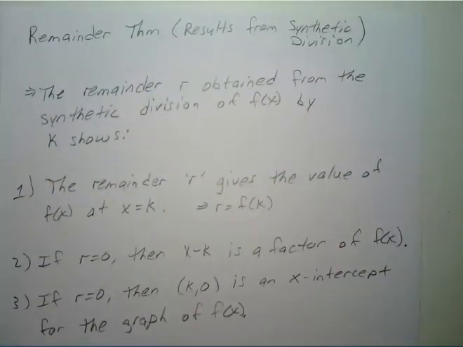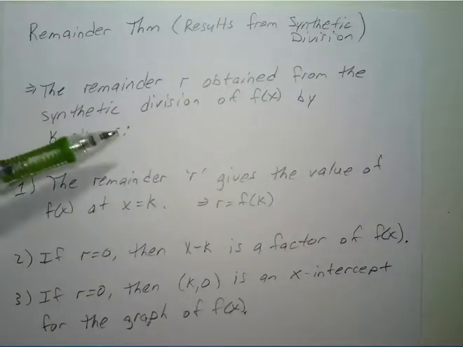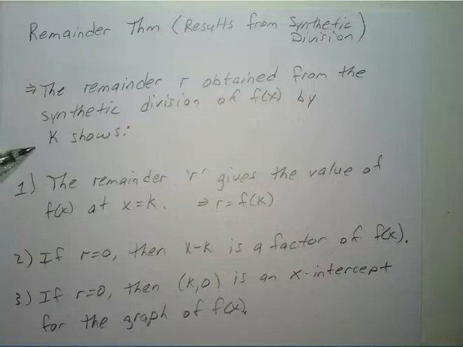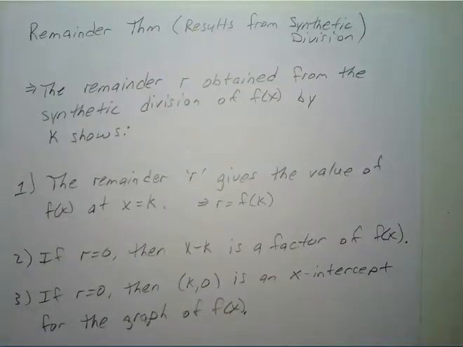which shows us the remainder theorem results. Okay, so the remainder r that you get from synthetic division of some function f of x by x minus k, and I'll just leave k there because we're really using the k value, so this is correct there. The remainder r gives the value of f of x at x equals k.